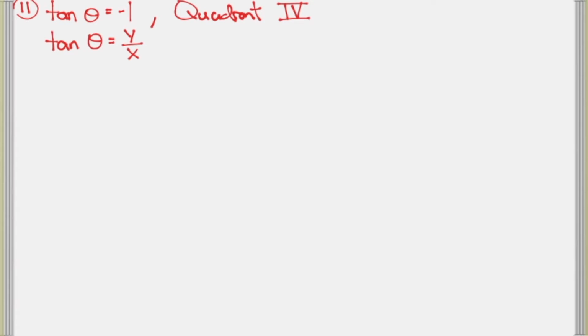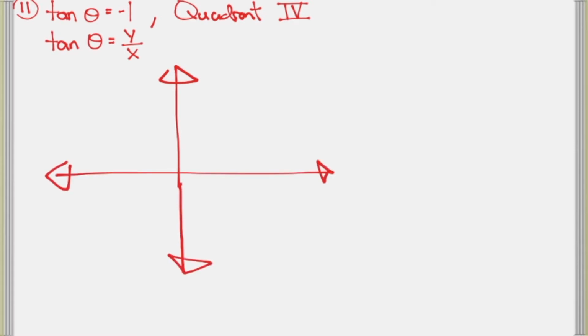So that's enough information to start to actually draw that out and understand where it's at. So if we draw our graph, let me actually put the unit circle on here.